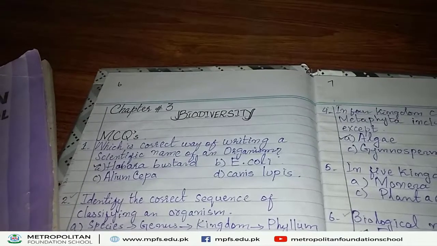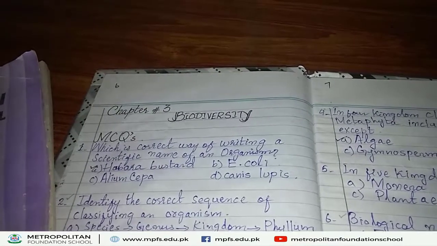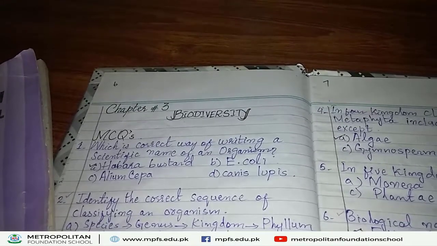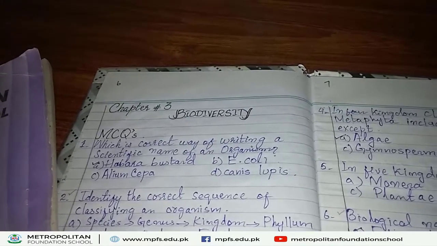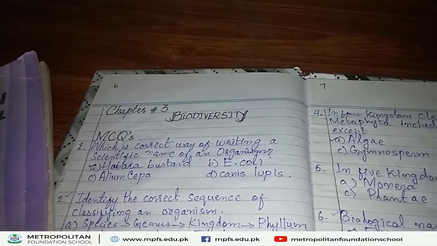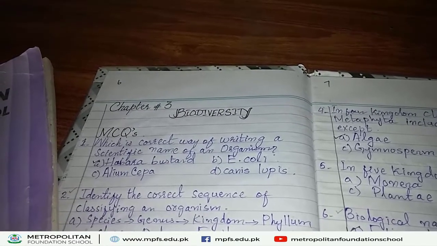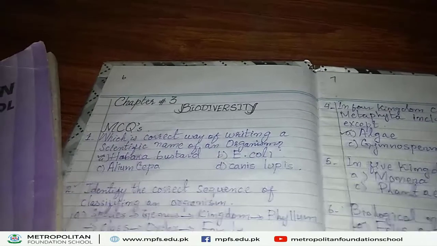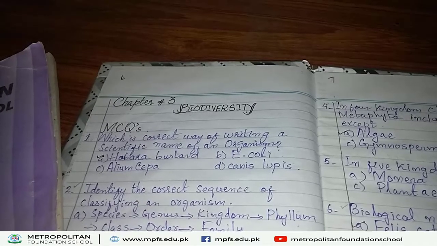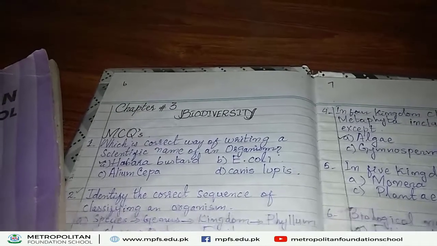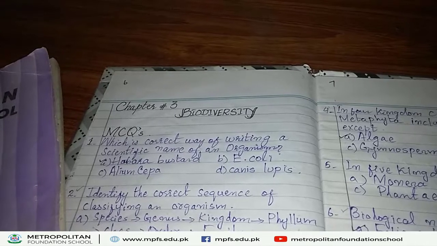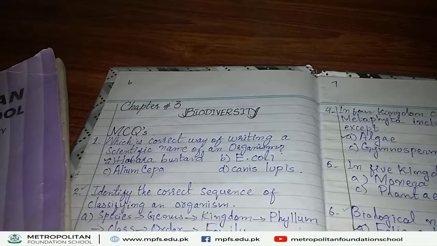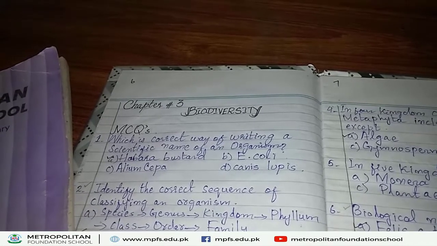If we observe option A, Hopea bustard, the first name, that is the generic name, starts with a capital letter, capital H. And the second name, that is the species name, starts with a small letter, small b. So the correct way of writing is Hopea bustard.